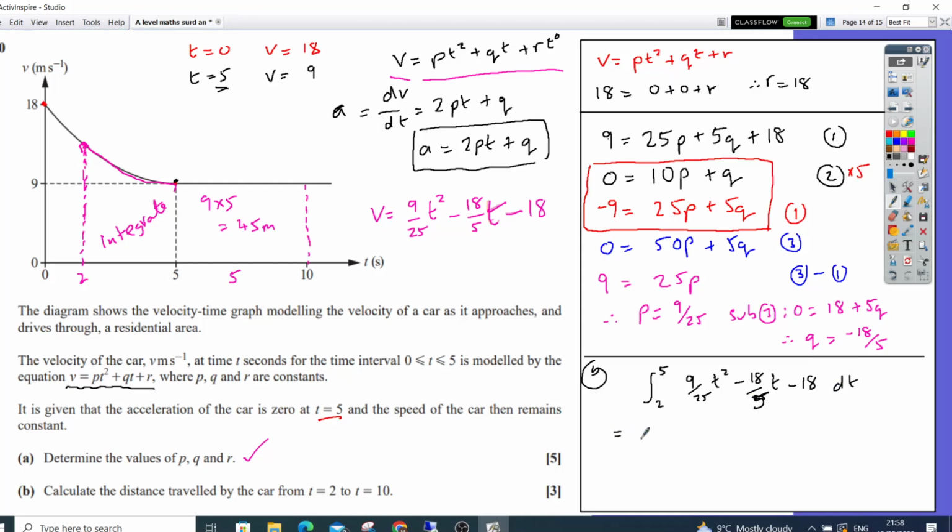So if you put that in your calculator, which I'm going to quickly do, make sure you know where your integration button is, and you put in 9 over 25 x squared minus 18 over 5x and minus 18. Then you put your limits in, which is 2 and 5.